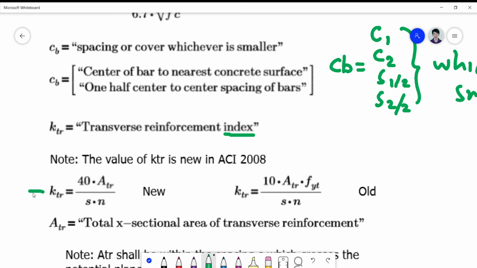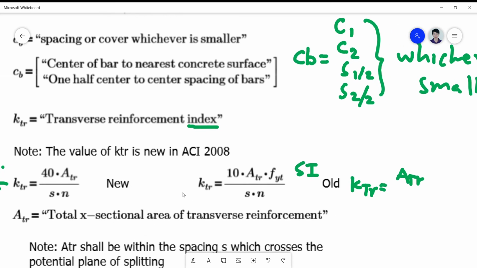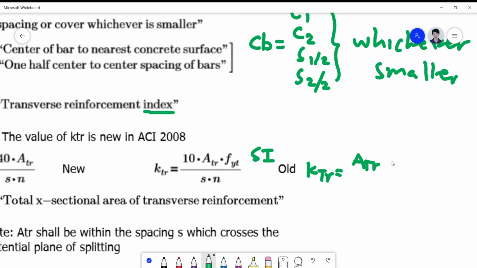By the way, this is again an English unit, while this is an SI unit here. So the English conversion of this old formula is actually, if I'm not mistaken, Atr fyt all over 1500 sn.